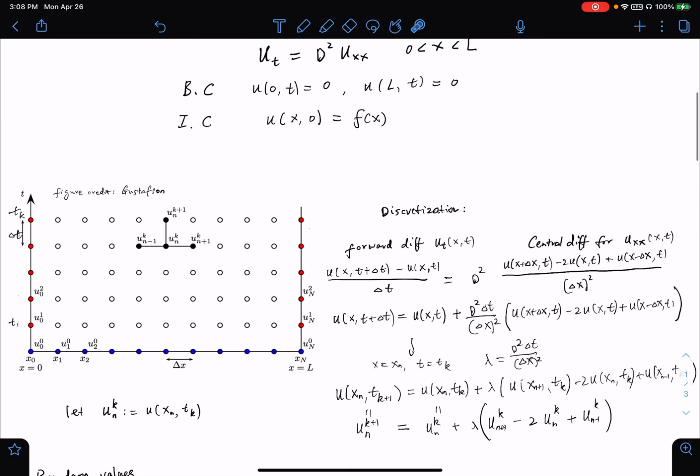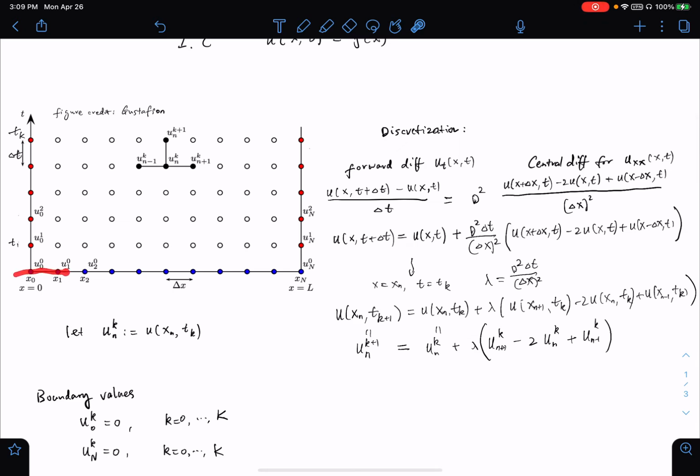So we have the so-called initial conditions. The u value for every x at time t equals 0 is f of x. So these are the values for t equals 0, and we actually have these values by the initial condition. So we can use this recursion formula to calculate all these points. This point is determined by these three, this point is determined by these three, and all the middle points are determined similarly.